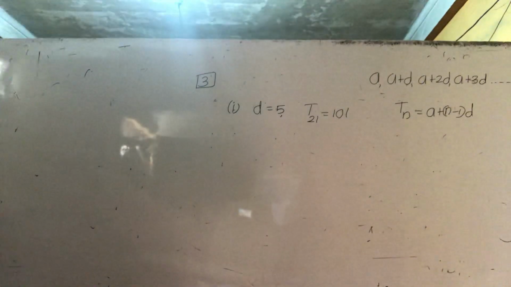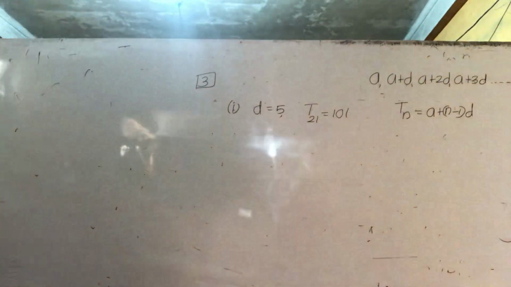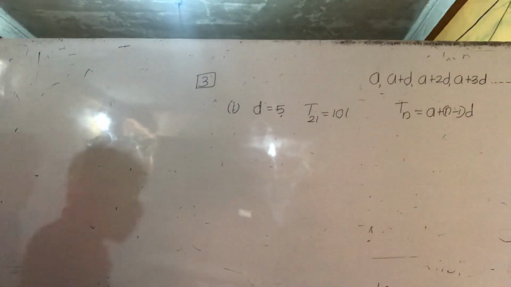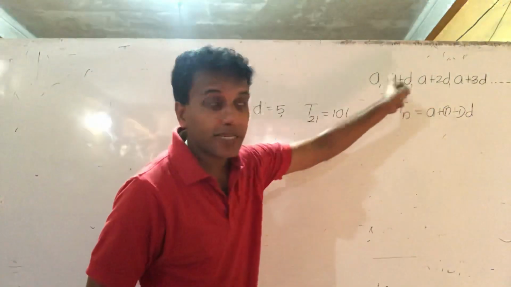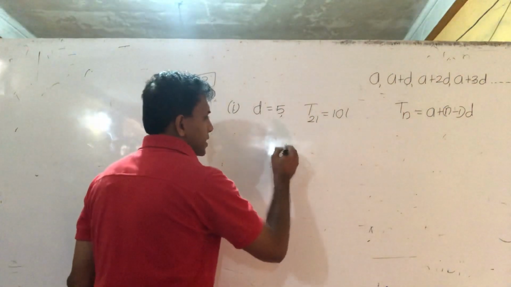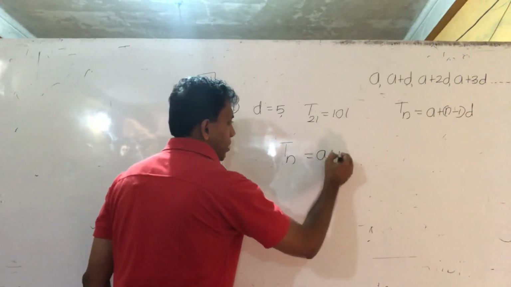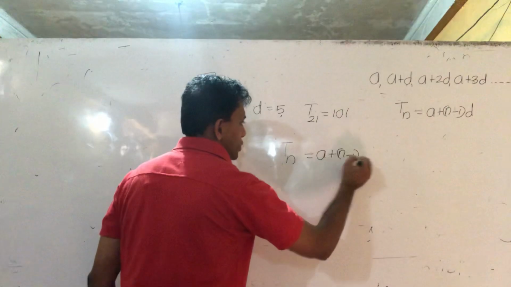So think how to calculate the a value. We have the nth term formula, and we use the nth term formula for that. See, the method is the nth term formula: a plus n minus 1 into d, right?